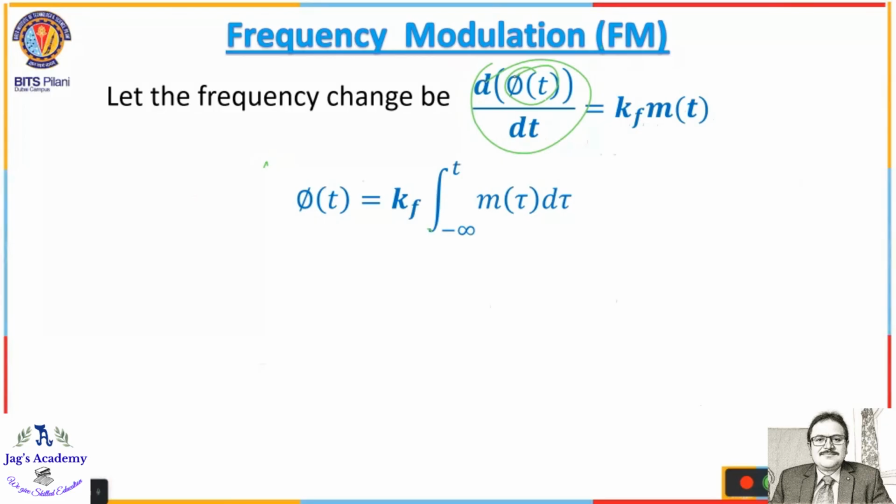Now when it is converted to frequency, how do you get it back to phase angle? Integration, that's all. See, how do you get the phi of t for this? It's quite straightforward, right? I need not tell you, you have done mathematics more than me. Then what is phi of t? Phi of t is the integration from minus infinity to t. This is going to be phi of t. So now you got phi of t.